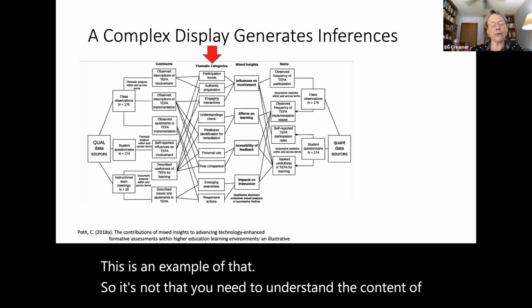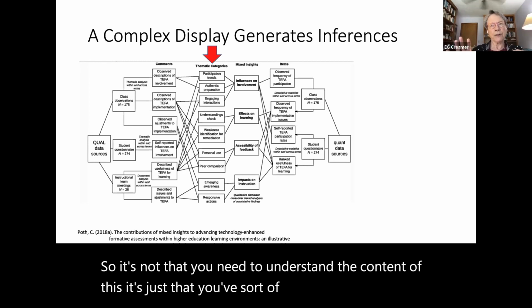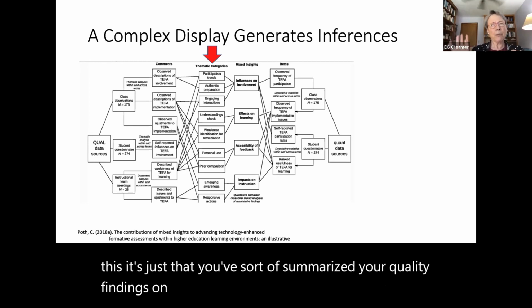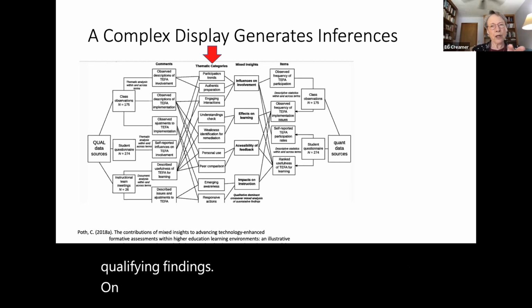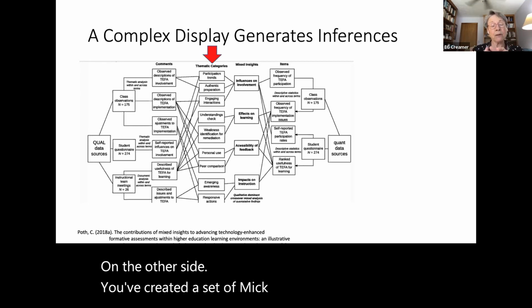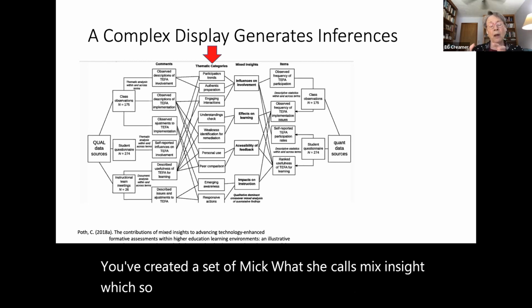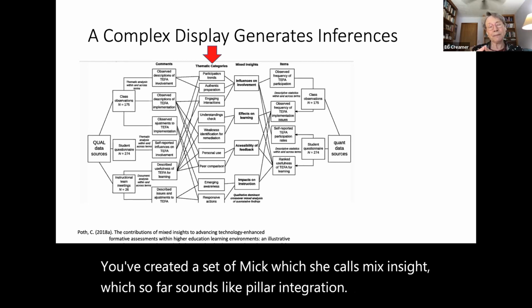It's just that you've summarized your qual findings on one side. You summarized your qual findings on the other side. You've created a set of what she calls mixed insight, which so far sounds like pillar integration, but you don't stop there.